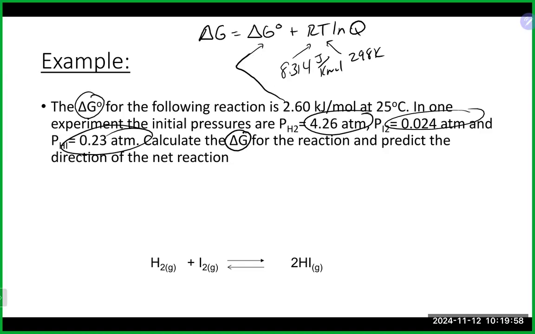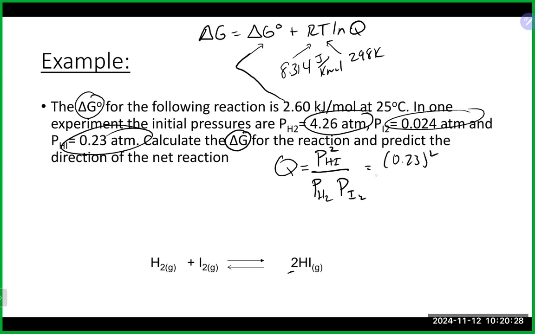At this point, we need to calculate Q, and a reminder that Q is just like K. We'll do our products, which is the pressure of HI, and we need to square it because of the coefficient, just like normal. We divide by the partial pressure of H2 times the partial pressure of I2.